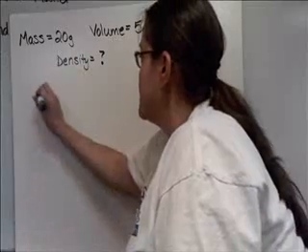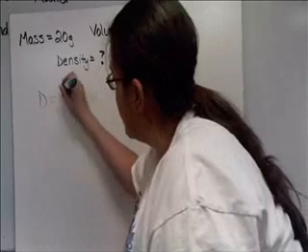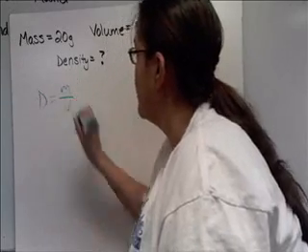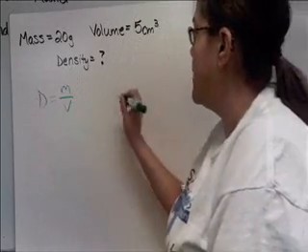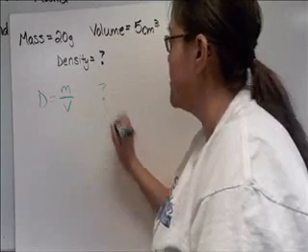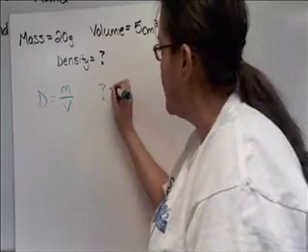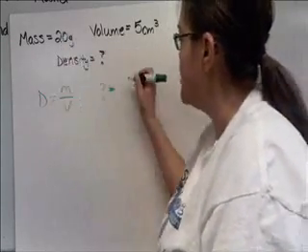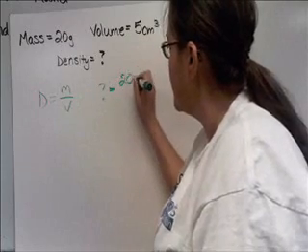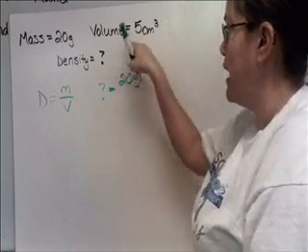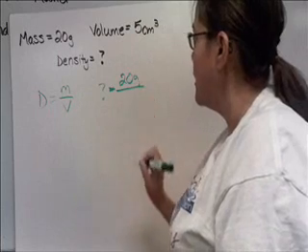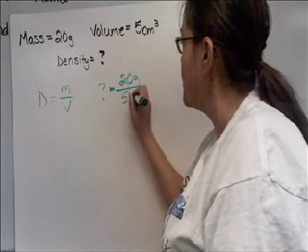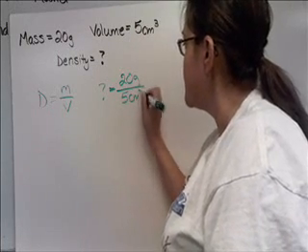So, density equals mass divided by volume. So here, we're going to put a question mark because we don't know the density, equals, our mass is 20 grams, and our volume is 5 cubic centimeters.